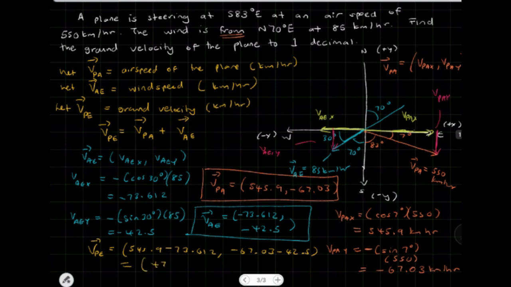That's going to give me 472.288. Okay, I can round it off at the end. And this guy here is negative 67.03 minus 42.5. So that's negative 109.53. Just to keep it consistent, I'm just going to round this value.